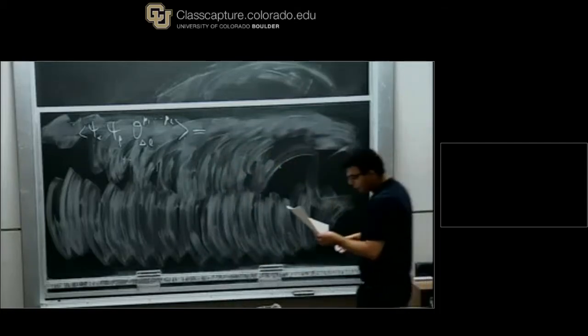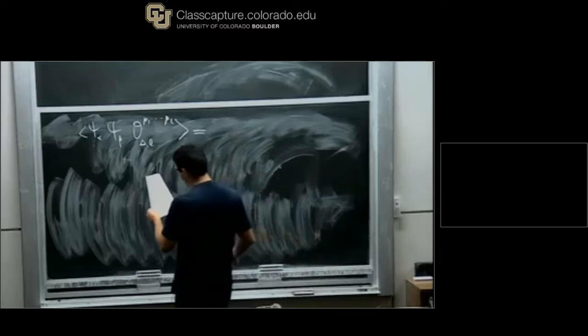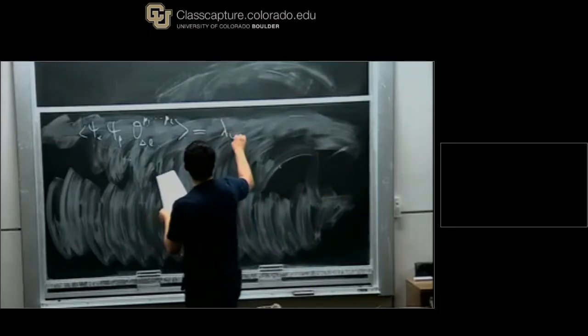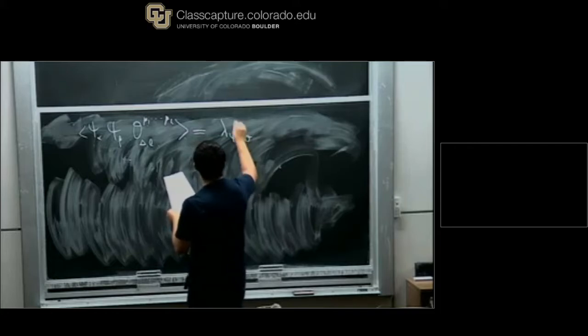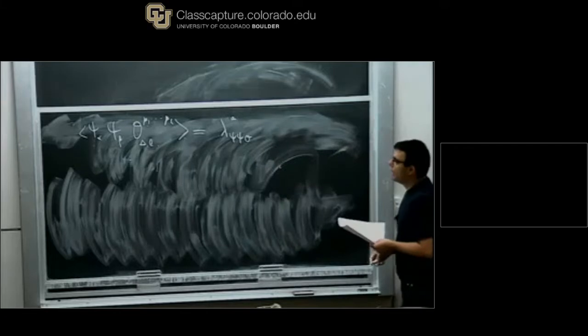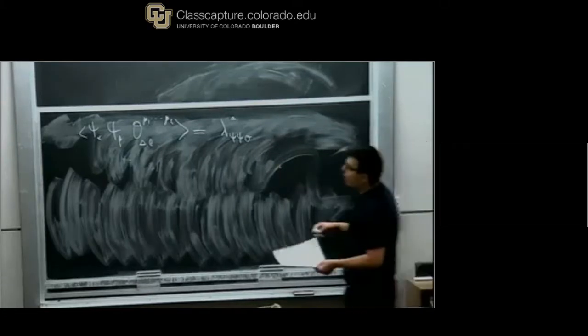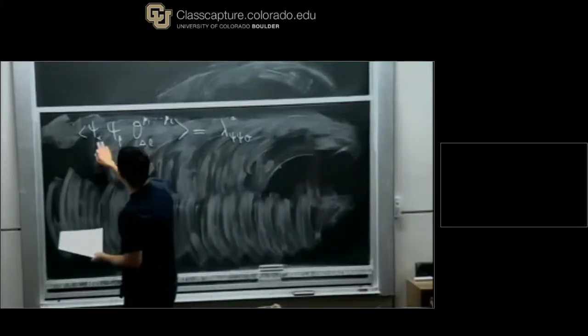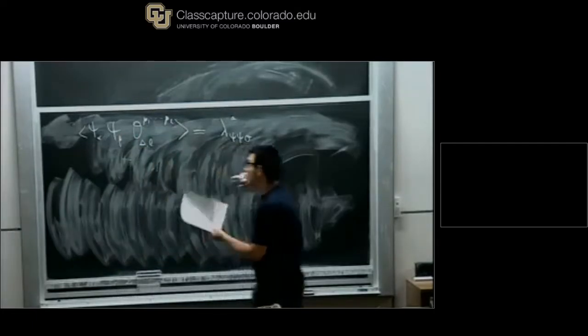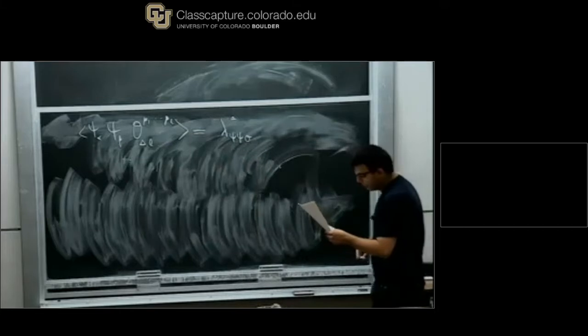So the way this looks is: lambda psi O A. Each operator has different OPE coefficients that differ in the way we contract these indices, alpha, beta, and these mu's, and potentially also with functions of position.